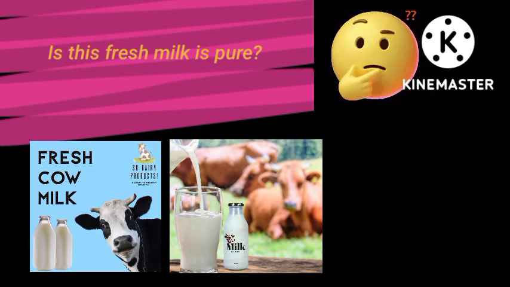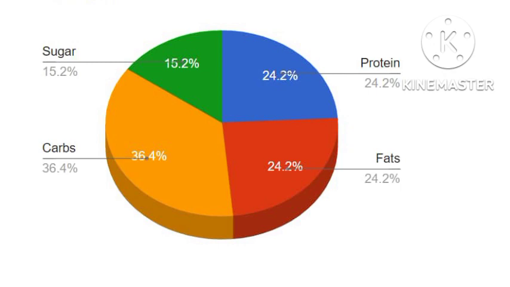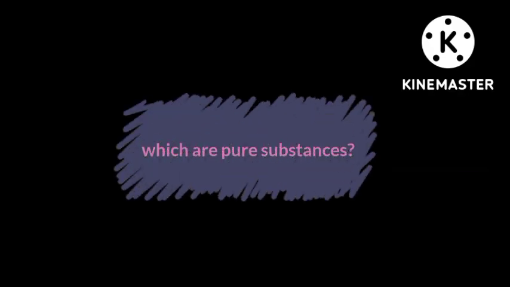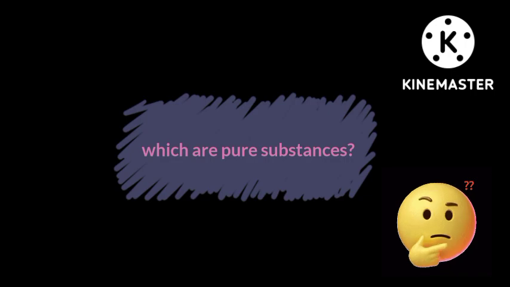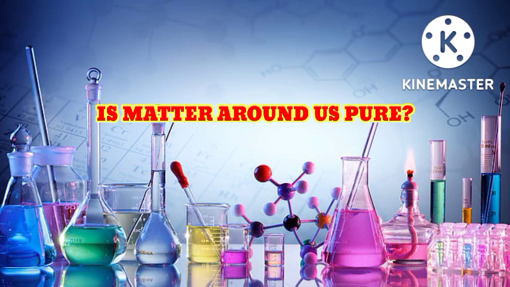But the scientist or chemist will tell it is not pure because the milk contains fats, proteins, carbs, sugar and water. So it is not a pure substance. Then which substance will we call a pure substance? Let us understand in this chapter which substances or matters are pure.